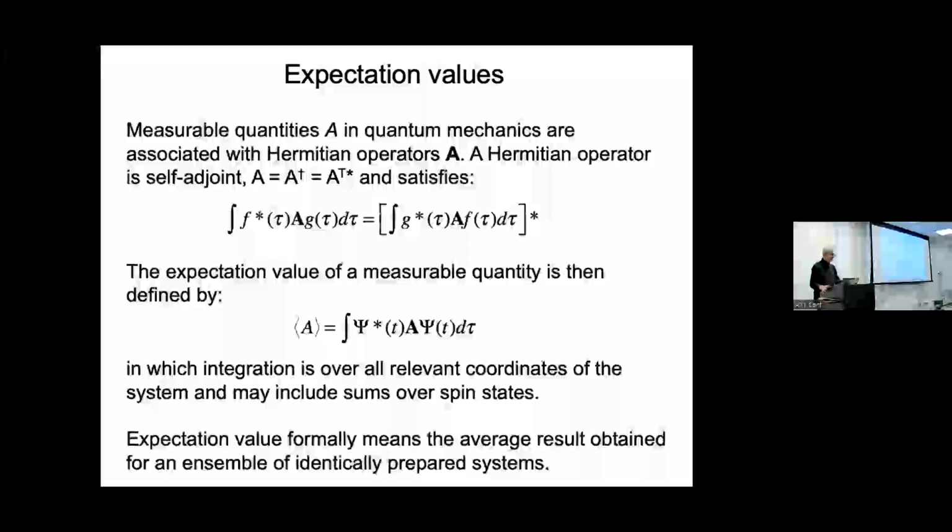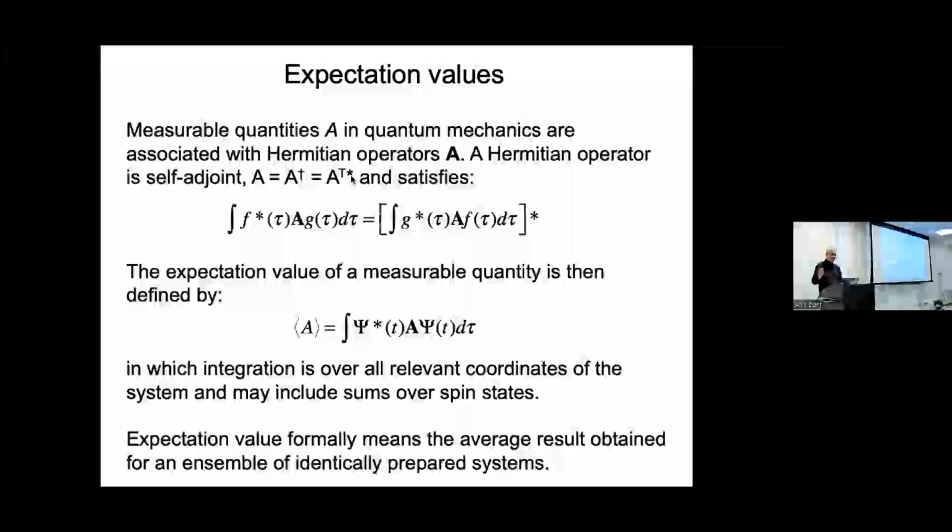So observable quantities are real, and there's a principle in quantum mechanics that every measurable quantity has associated with it an operator that's Hermitian. And Hermitian operators have this property that the operator is equal to its adjoint, and the adjoint is the transpose conjugate.